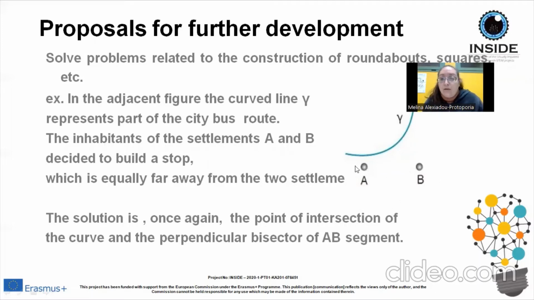This is the route of the bus, and we want to put the bus stop at a point in the middle, let's say, of those 2 settlements. So the way to make this happen is again to calculate the perpendicular bisector.